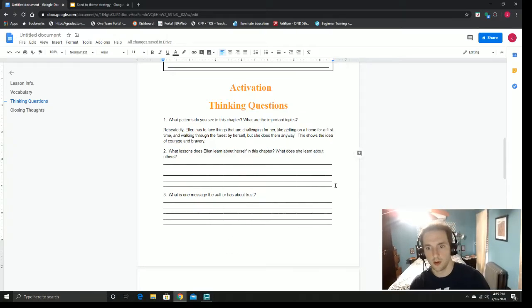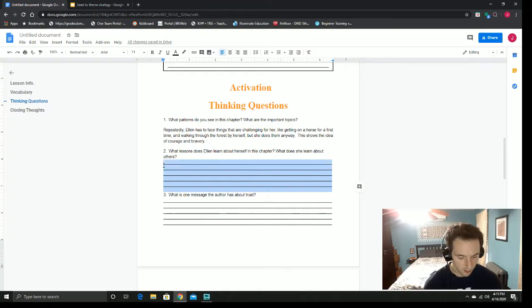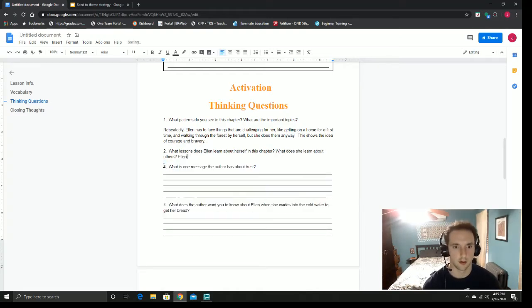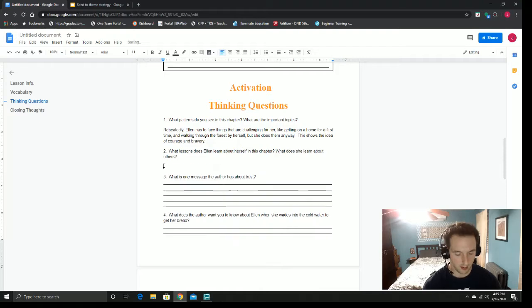So, there we go, camera back. We're getting the hang of this. Back to the computer screen. Cool. Let's put what we thought. Ellen learns, let's separate a little bit so you can see it. Ellen learns that she is brave and can do difficult things as long as she keeps trying.